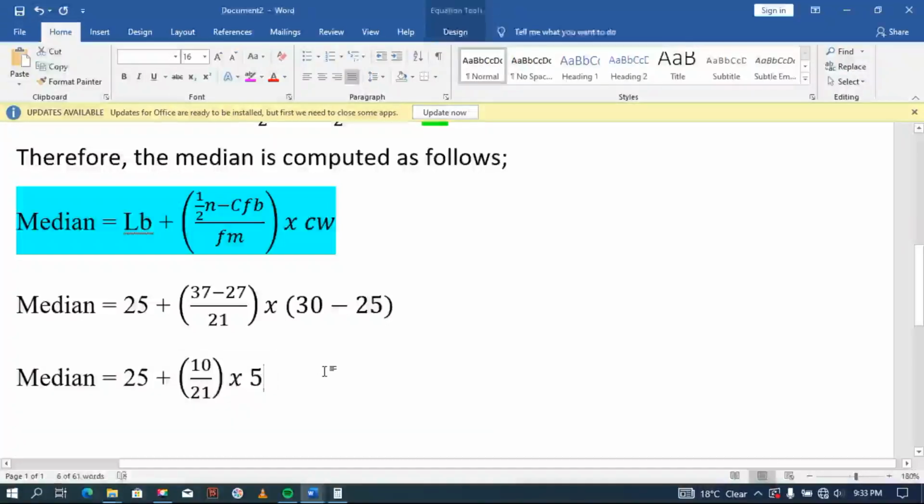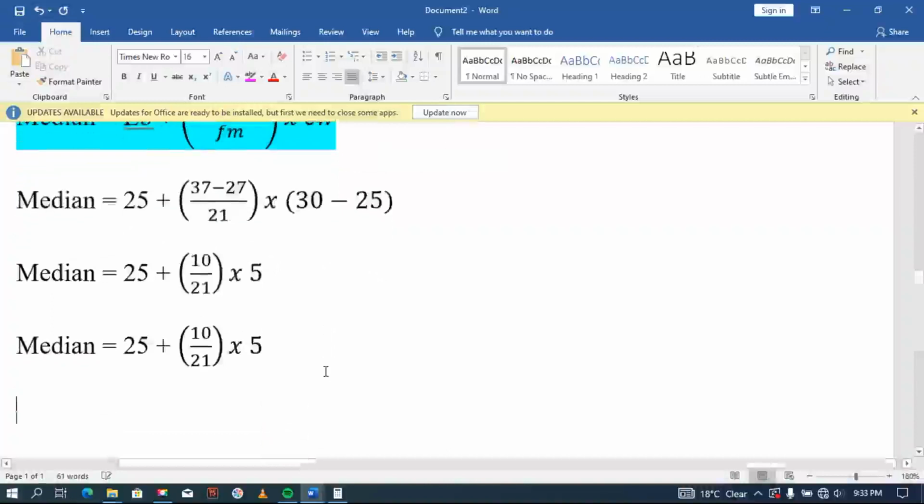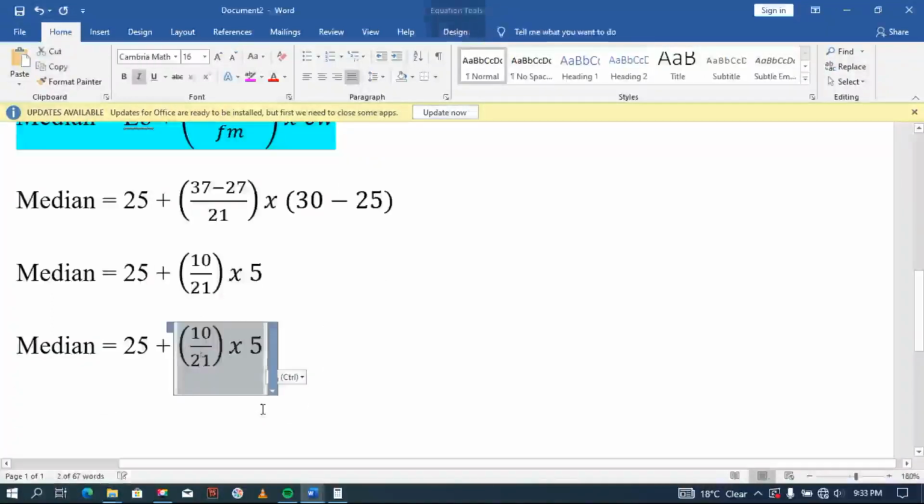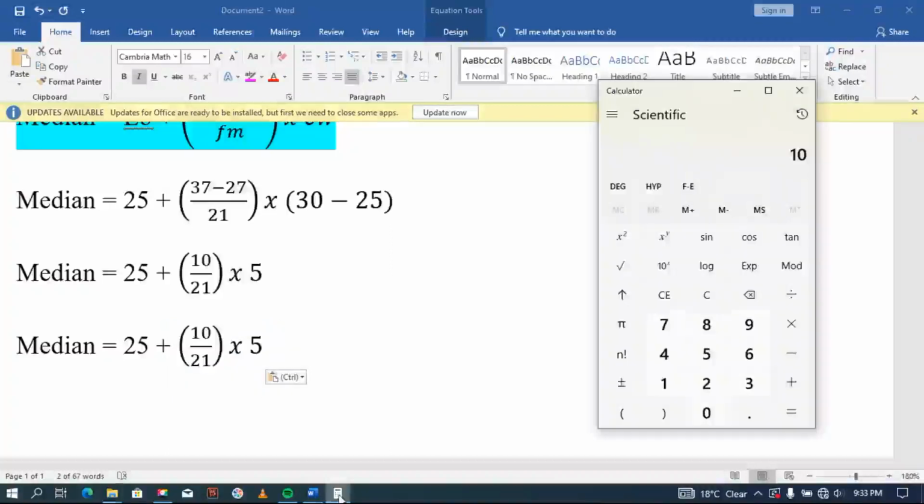So now work out this and then finally we'll add. So we shall have 10 divided by 21 is 0.47 times 5, giving us 2.38.